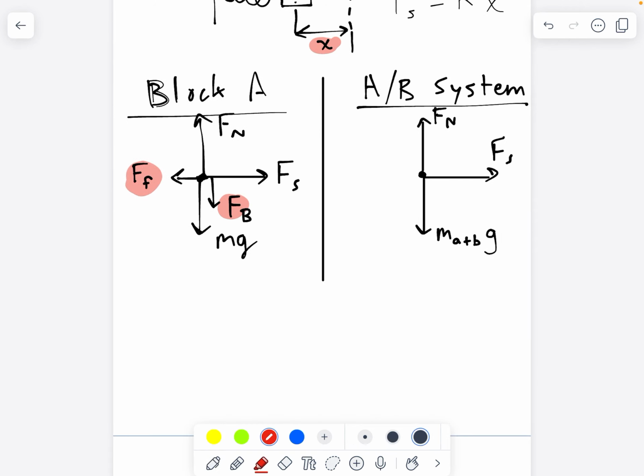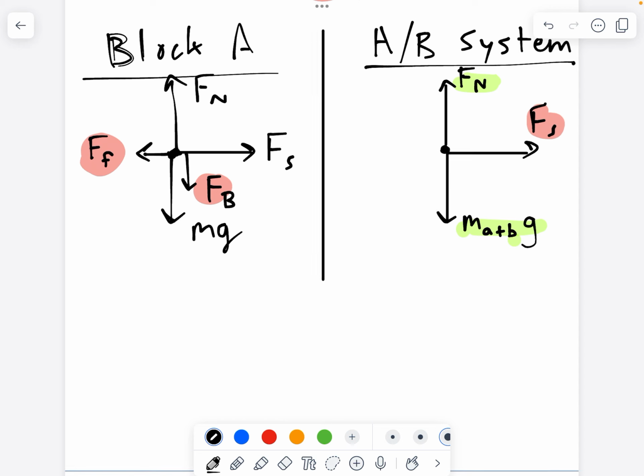The only force causing this system to accelerate is Fs. These two do not cause acceleration. Acceleration is in the direction to the right. So if we use Newton's second law again, net force equals mass times acceleration, we can actually solve for the maximum force felt by this system.